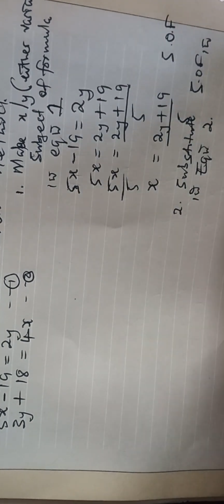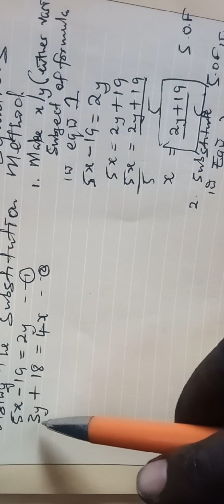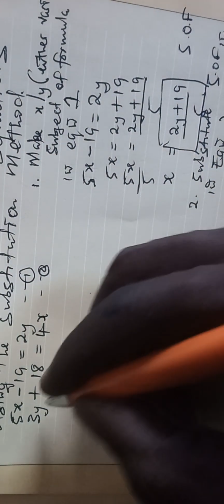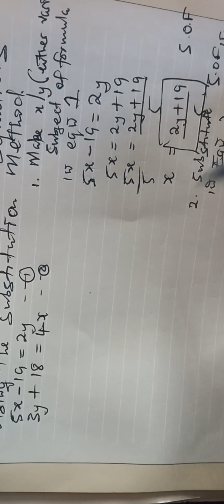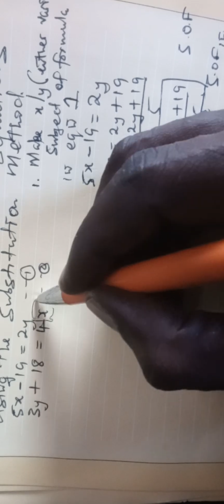And the second step is to substitute the subject of formula in equation 2. So in this scenario, our subject of formula, which is 2y plus 19 all over 5, we are going to substitute it in equation 2, on x, because that is the value of x.